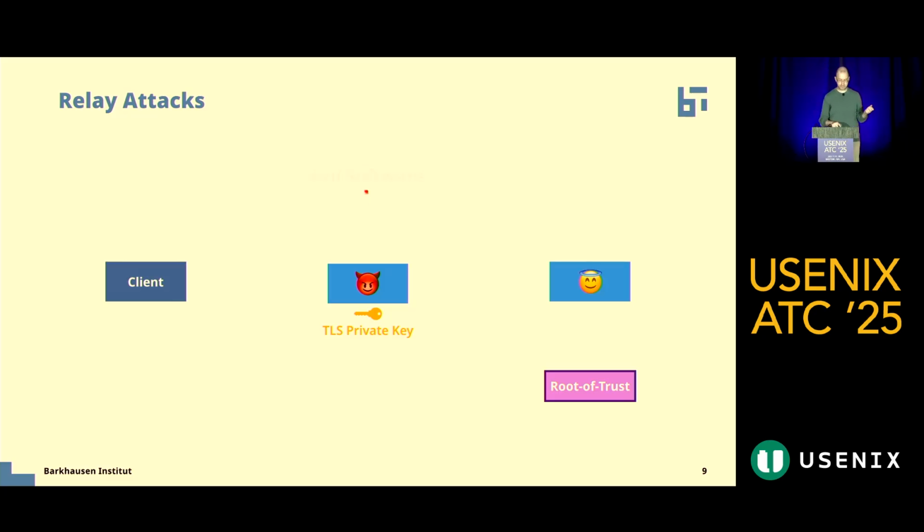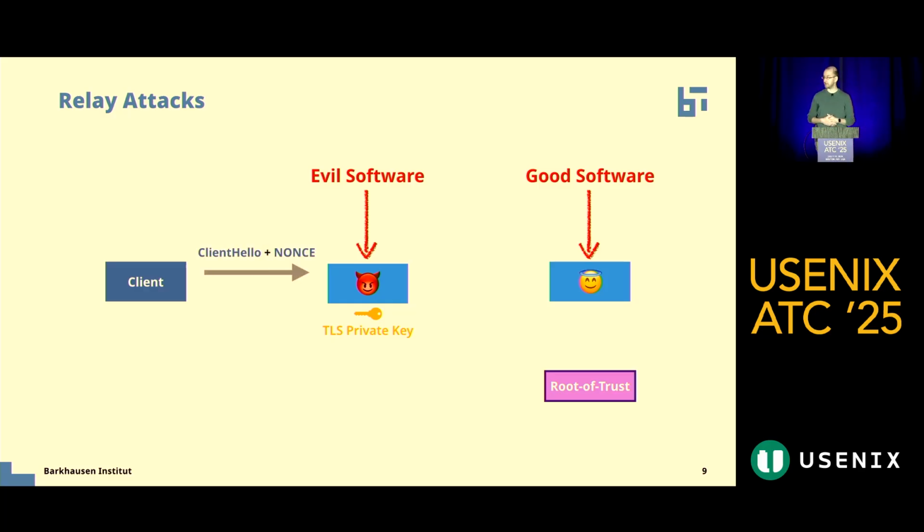So essentially we have a machine in the middle here that runs some evil software and also has possession of the TLS private key to sign the certificate. And we have good software in the back that runs on a valid TEE, runs the valid software. The server's owner now causes the client to connect to the evil version.